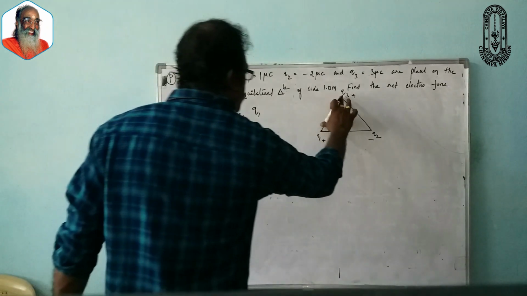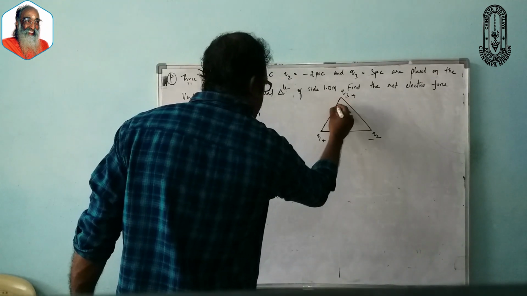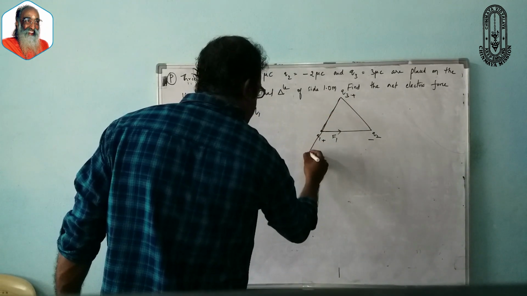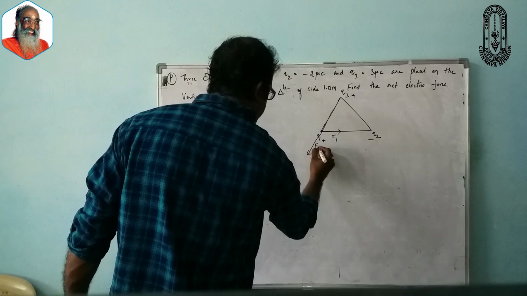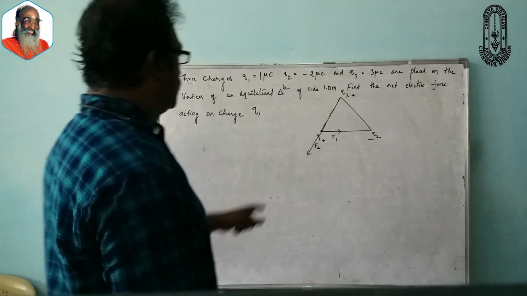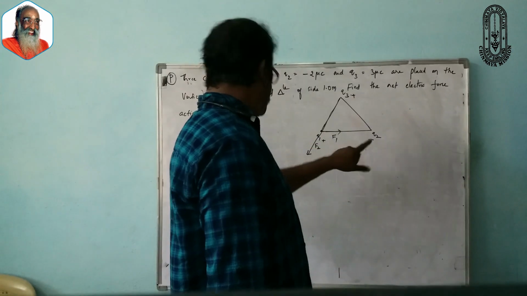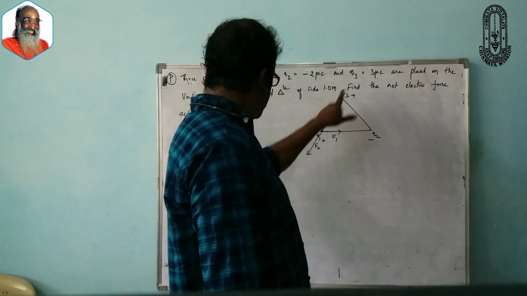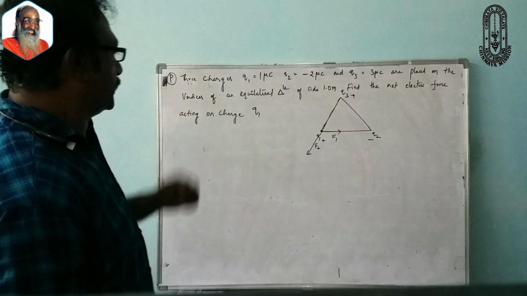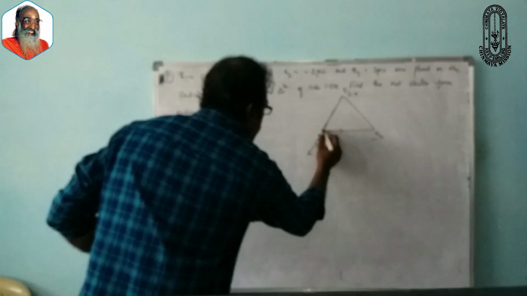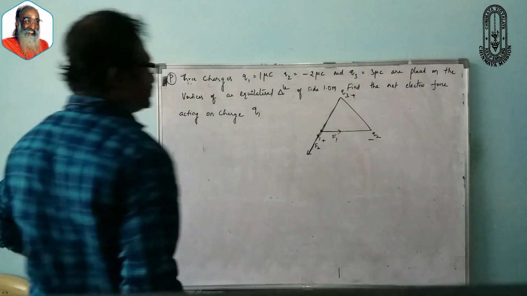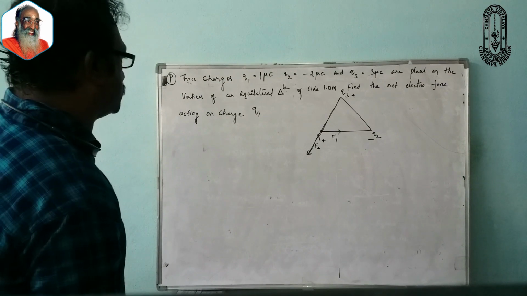And between Q1 and Q3, this will be pushed apart, so this will be in this direction. Let me name it as F2, or else you can write it as F12 and this is F13. Whatever you want you can write. So now, understanding this, let us find out what is this F1 and what is this F2.